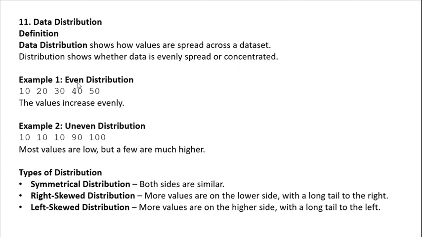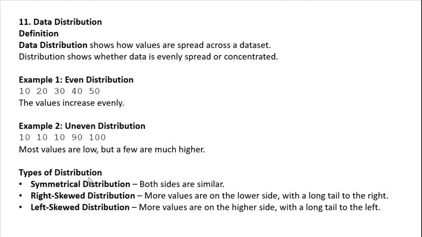Example one is an even distribution, like 10, 20, 30, 40 and 50, where the values increase evenly, with a difference of ten between values. Example two is an uneven distribution, like three values of 10 and then 90 and 100 given, where most values are low but a few are much higher.